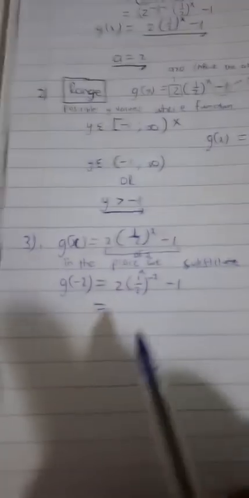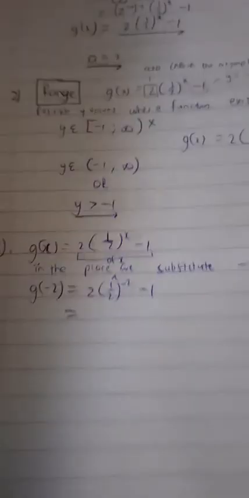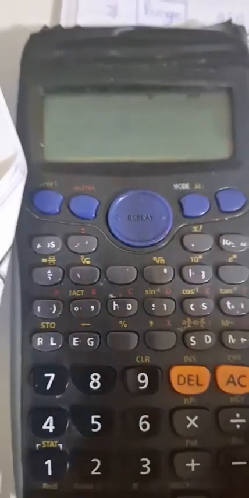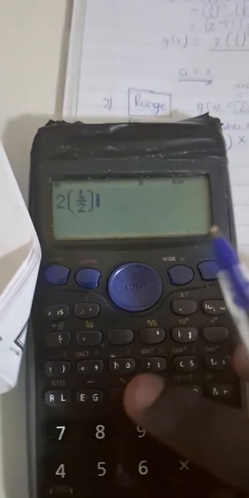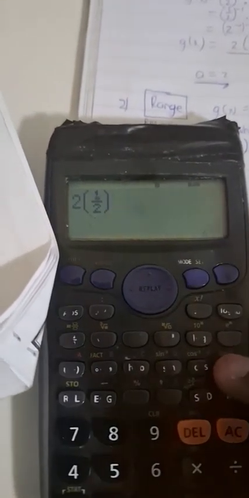At this point, you can just grab your calculator, substitute all of this and get your answer. So I'm going to do exactly that. I'm going to write 2, then open a bracket and write 1 over 2, close the bracket, then use shift to get the exponent.